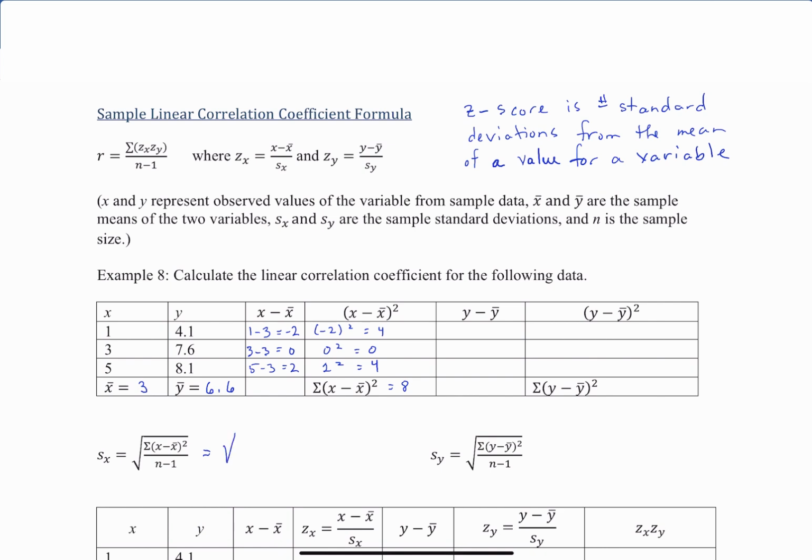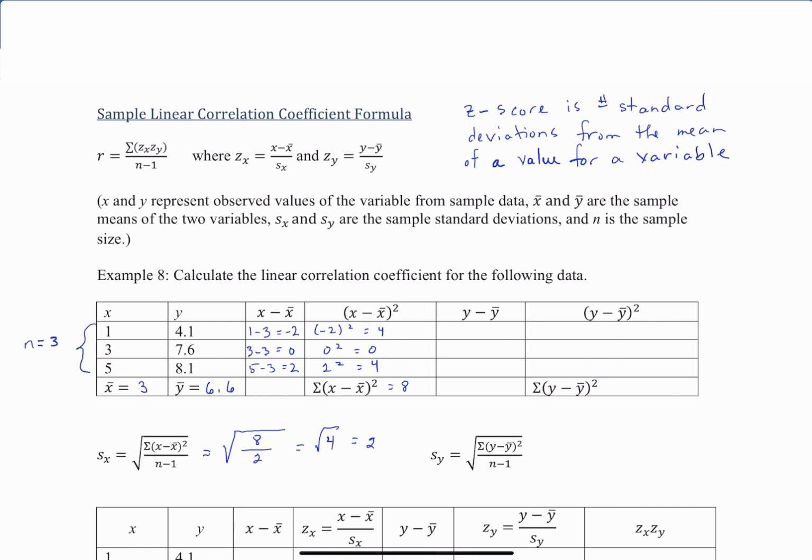Under the square root, we have the sum of the x minus x bar squares, and we just said that worked out to be 8. Our sample size n in this case is 3. We have 3 pairs of data values. So I'm going to be dividing by 2. Well, I don't even need a calculator for this one. 8 divided by 2 is 4, and the square root of 4 is 2. So that's the sample standard deviation for the x values.